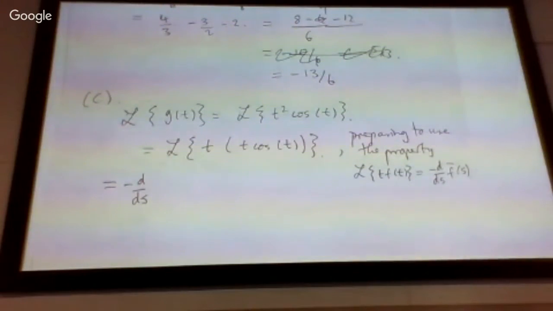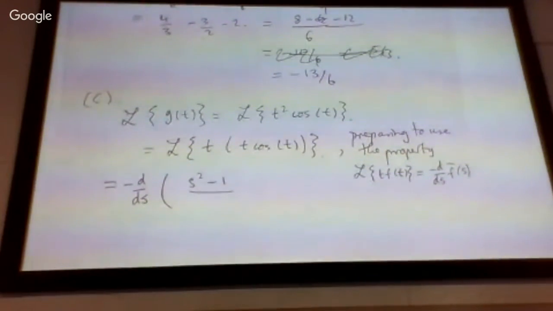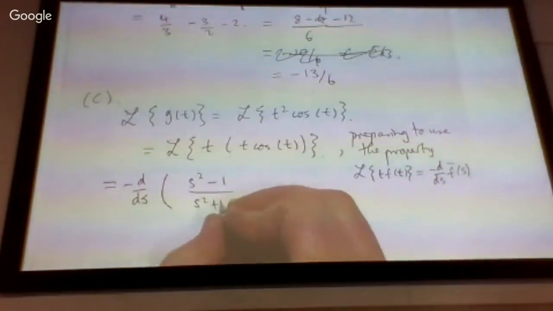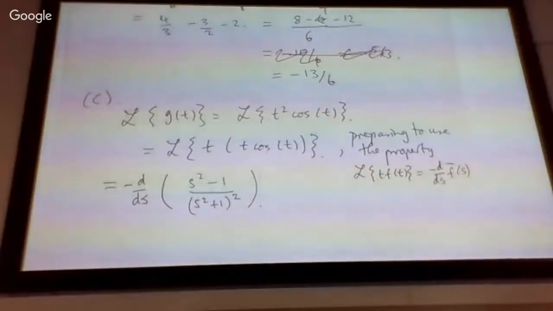So with omega equals 1, this is s squared minus 1, all over s squared plus 1, squared.